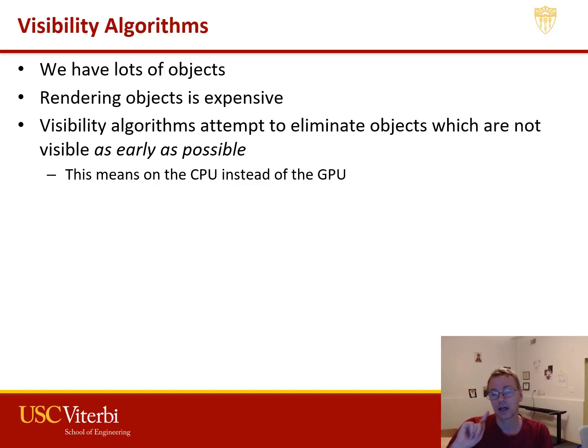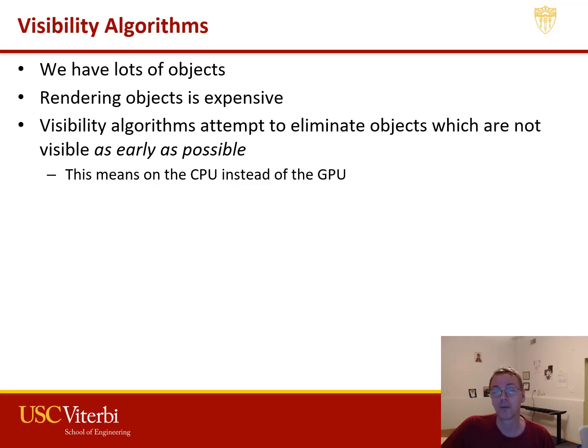Now, I will say that means we're going to be sorting the objects by what's visible and not visible on the CPU instead of letting the GPU do all that by itself. So we would do this if we think the GPU is our bottleneck. But if we're solidly convinced that the GPU is doing just fine, but the CPU needs help, then this would be a bad idea.